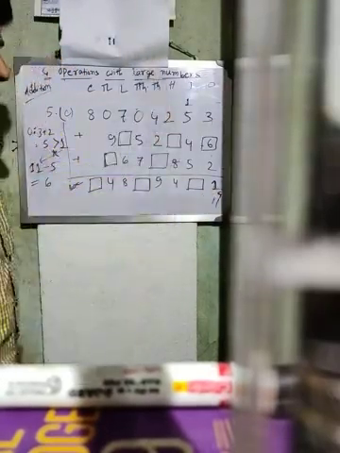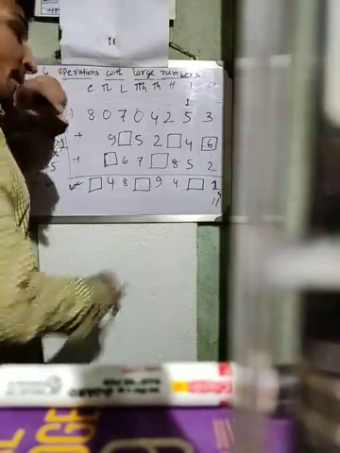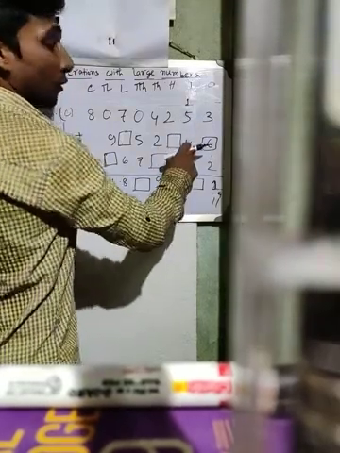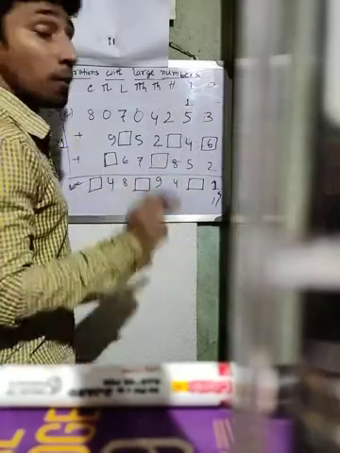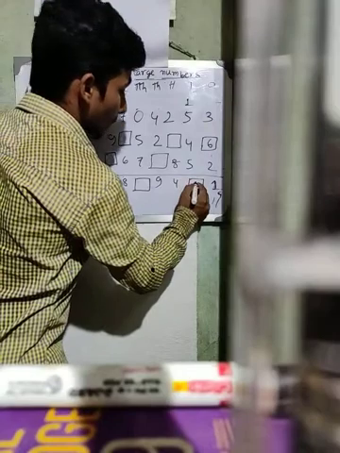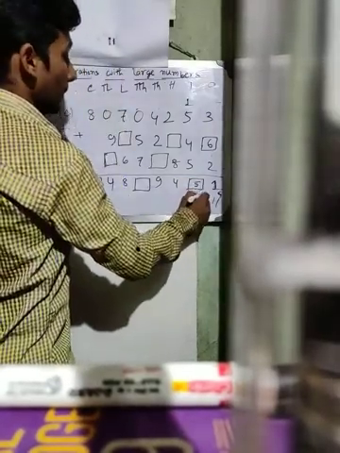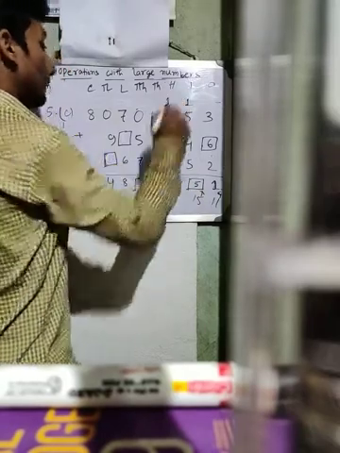Okay, got it? Now here all the digits are given. So 5 plus 4, 9, 9 plus 5, 14, 14 plus 1, 15, 5. So 1 will be the carry.